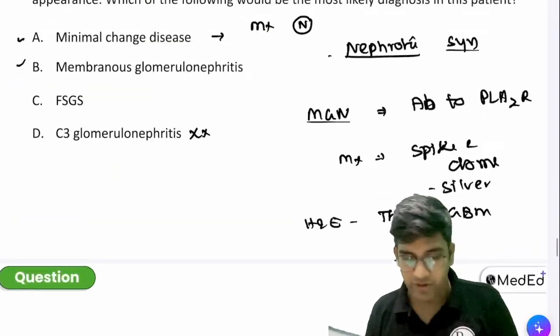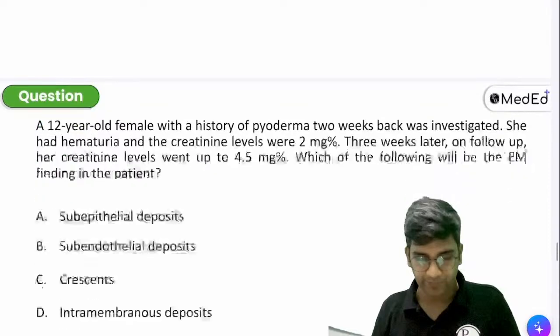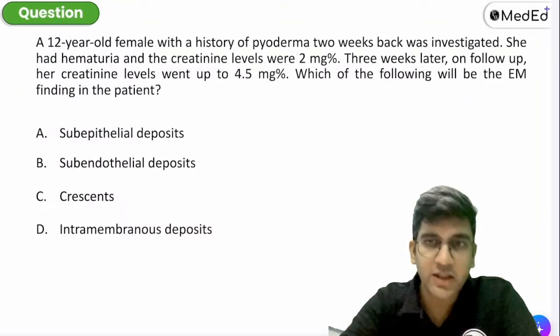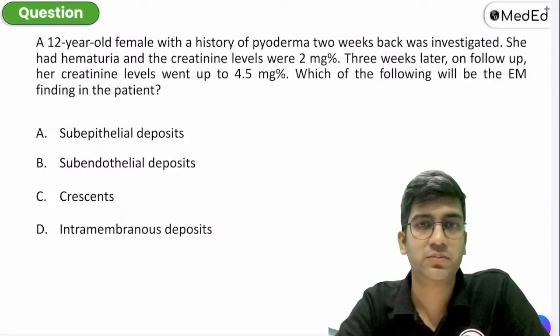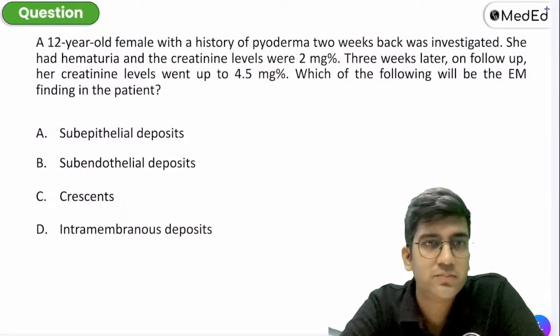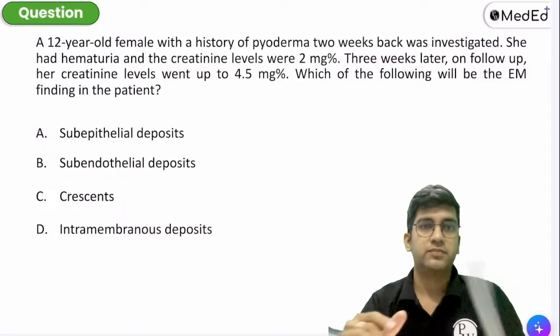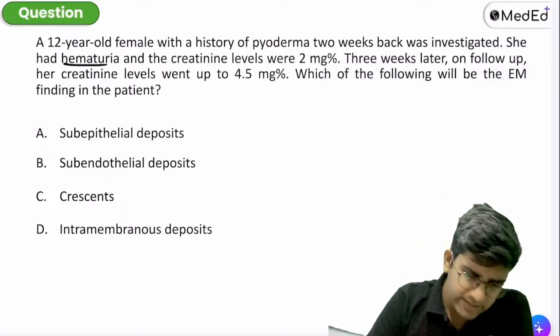Okay, coming back to this diagnosis, like you guys said, it's a membranous glomerulonephritis. Fine. The next one. Again, the first question here is is it nephrotic syndrome or nephritic syndrome? Nephrotic, nephritic. It's nephritic, right?